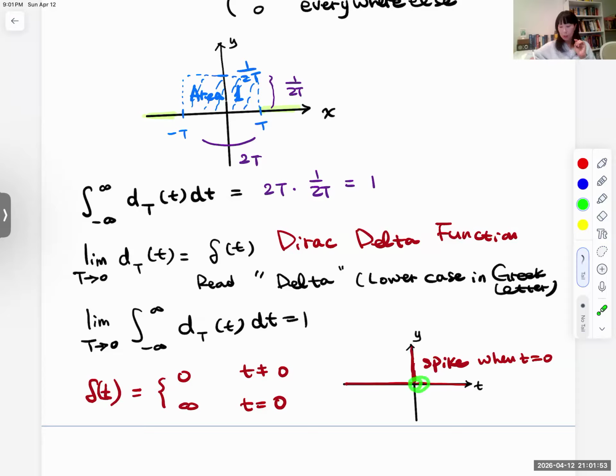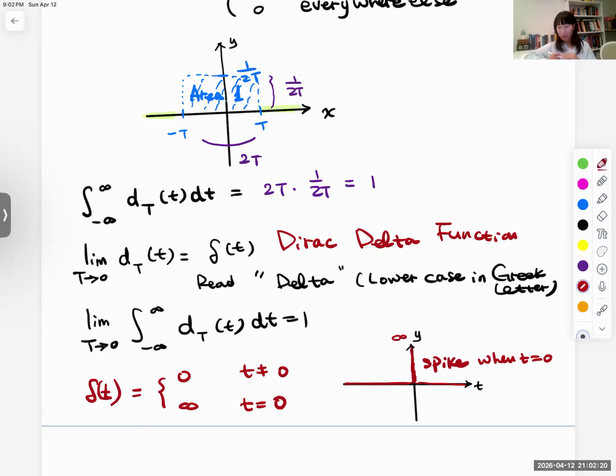And when t is 0, it goes to infinity. That means it spikes. Make sense? So an impulse is like a spike, one spot, one moment, right?